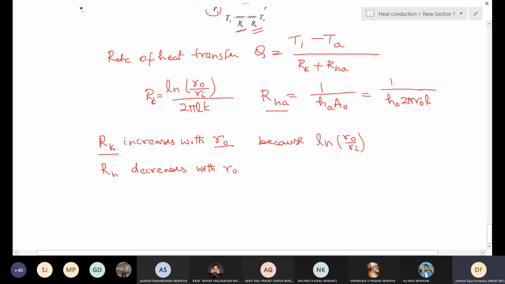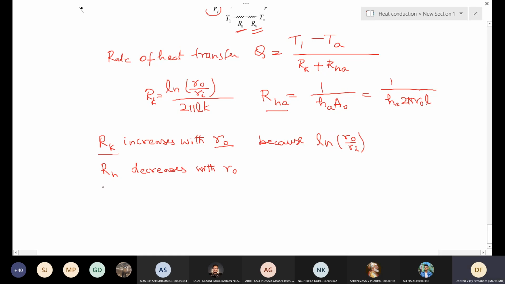So if Rk increases rapidly, compared to RH decreasing, then we will not get that. But if Rk increases slowly compared to the decrease in RH, then with increase in R0, we can get less resistance, and then we can have more heat transfer through the insulation.